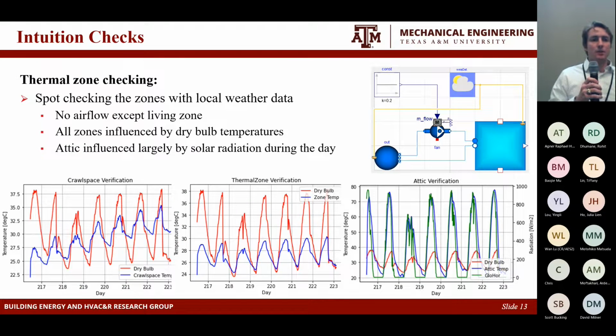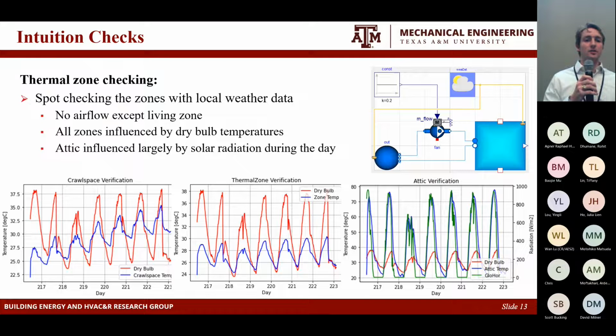So initially, because we had no data collection on site until this summer, we did what we called intuition checks, so that we would run these thermal zone models just with some local TMY3 data and just spot check it. So this is not really a validation of our models, but just an intuition check.